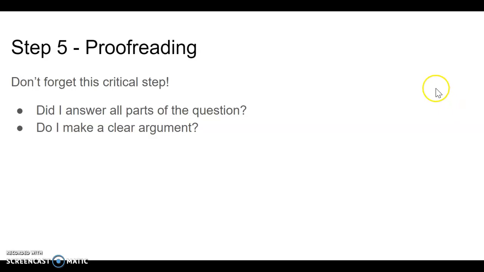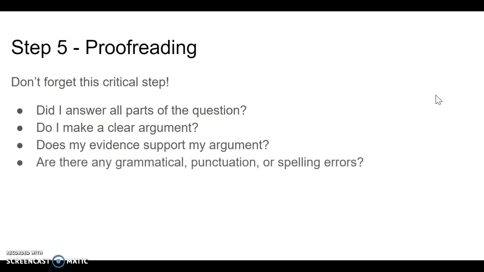Very clear. Does my evidence support my argument? Are there grammatical, punctuation, or spelling errors? Sometimes you can have an excellent argument, but because of some of these errors, your writing obscures the strength of your argument.